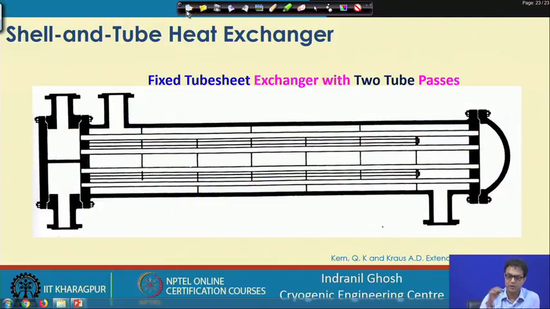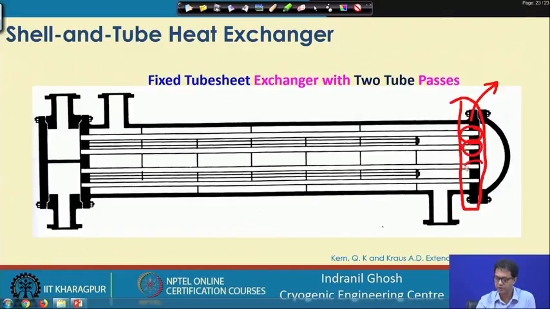Here the other specialty of this particular type of exchanger is the tube sheet. This tube sheet is drilled with holes to fit in all the tubes, and finally we get them welded at those corners.